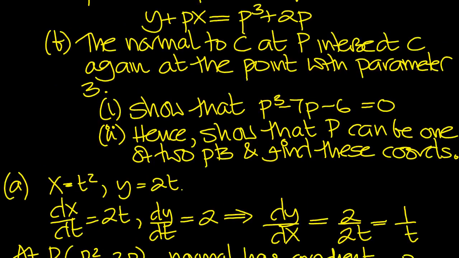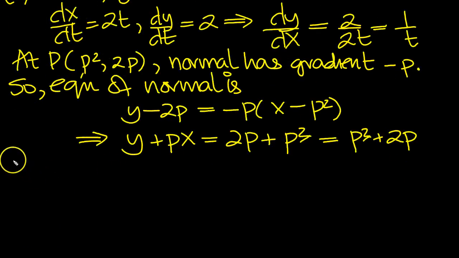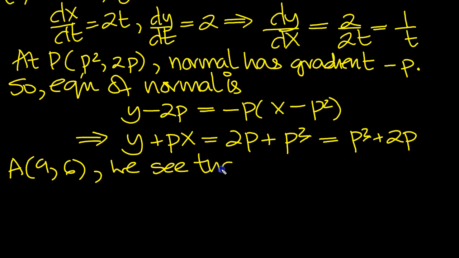The normal to C at P intersects C again at the point with parameter 3. So at the parameter 3, 3 squared is 9, and 2 times 3 is 6. So this line cuts this point here, 9, 6.